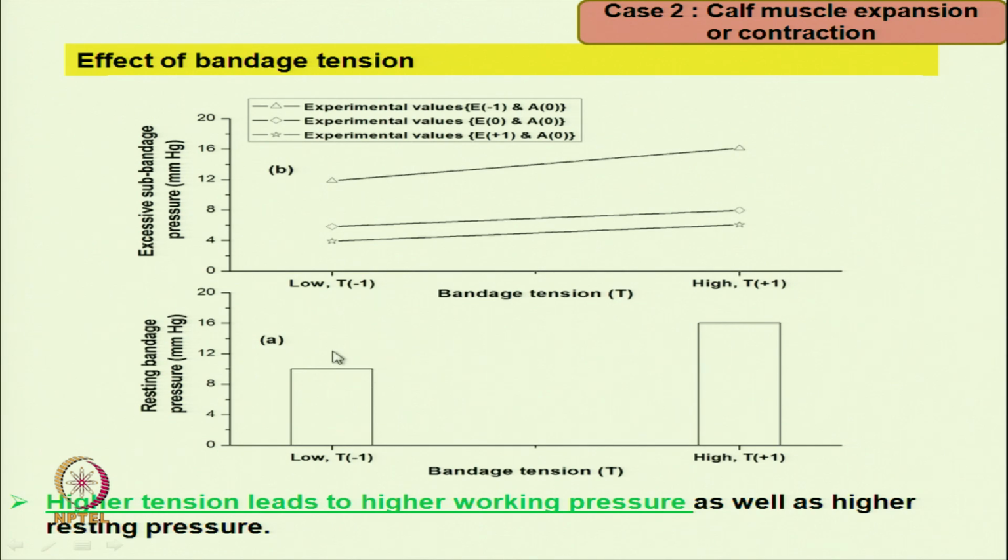The resting bandage pressure will be high when we impart the higher tension, and here we can see from these three curves, with the increase in bandage tension, the excessive sub-bandage pressure increases, but for the low stretch bandage, where extensibility is low, the pressure is high. So, that we have already seen.